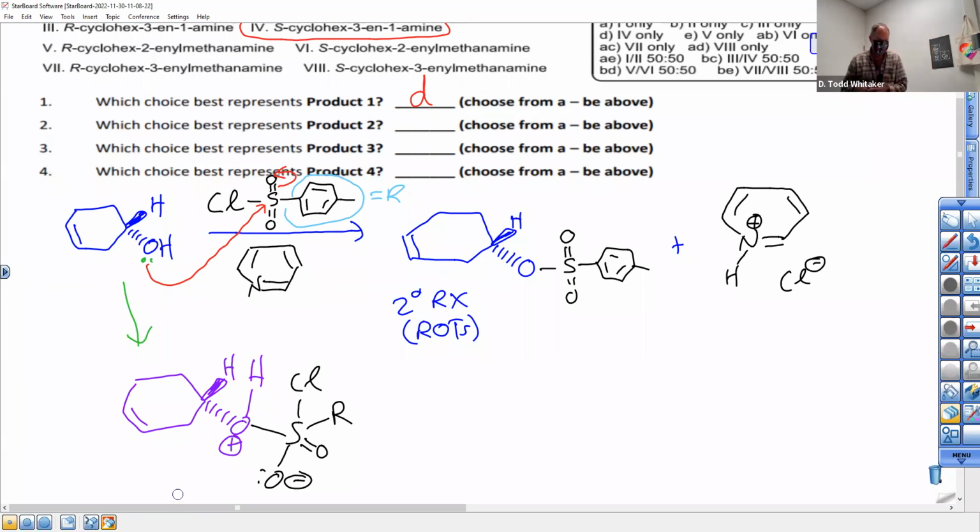Now, I know we're trying to study real hard. If you look at the mechanism for the one you did on Monday with SOCl2 and pyridine, I did an acid-base step next with the pyridine. That is the second step after this one. They are interchangeable. You can do this step next or the next step first. I will do it the opposite way I did it on Monday, just to show you they're both okay. Keep in mind, this reaction has the same start as the SOCl2 pyridine question.